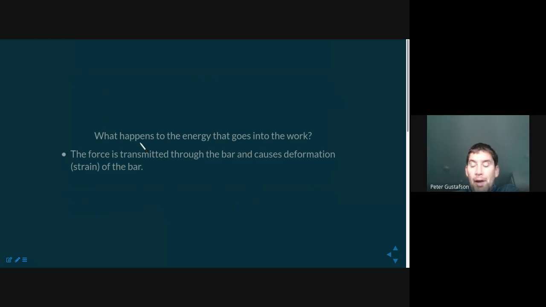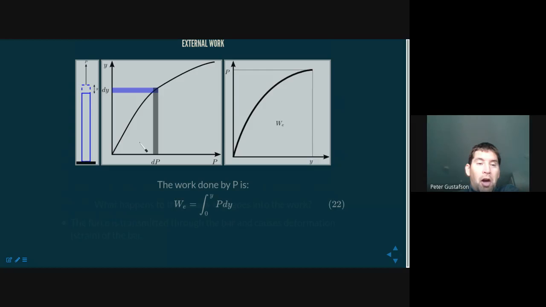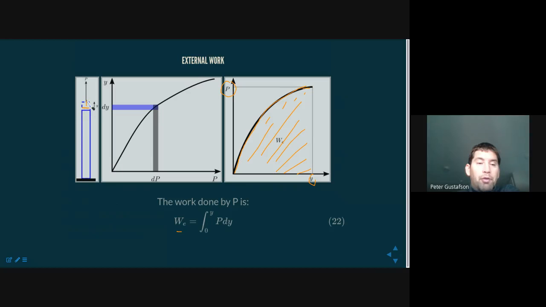So that is work. And by the way, this work is being done on this surface that is moving. That is work being done on the surface that is moving at the application of the point force. So of course we need to recognize that that energy needs to be conserved.